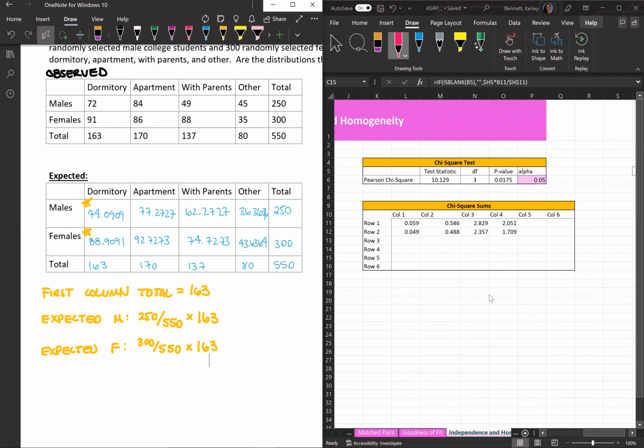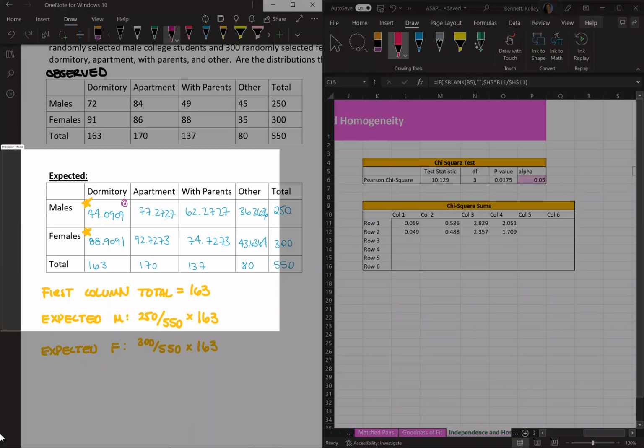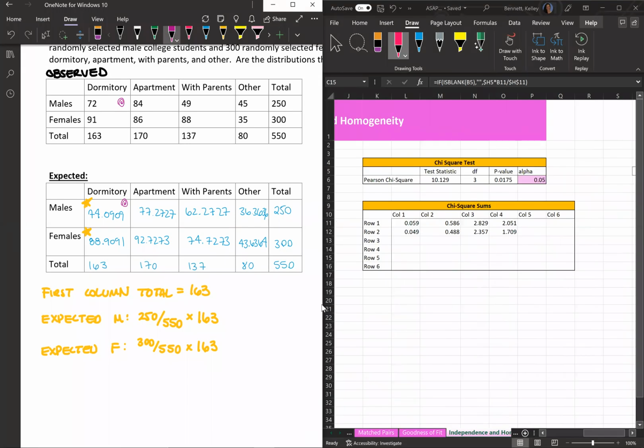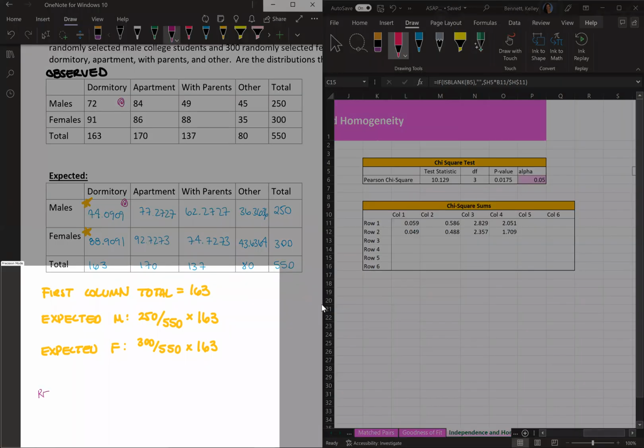It's the same thing that we did before in the test for independence. So if we look at, say, the first position here, comparing to the first position here, our residual is going to be observed minus expected, squared, over expected. So our observed was 72, our expected was 74.